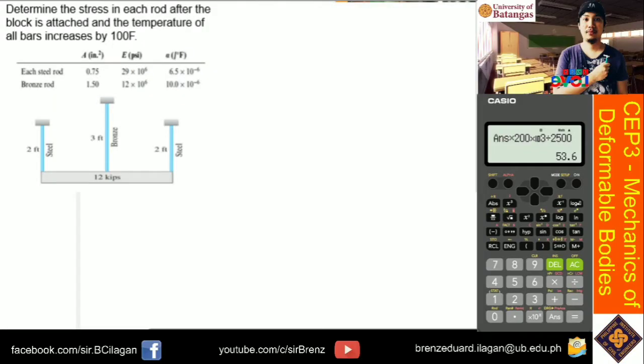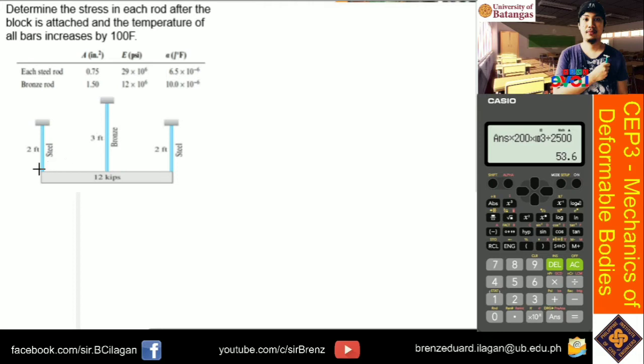Okay guys, so let's proceed with the next problem. So basahin natin. Determine the stress in each rod after the block is attached and the temperature of all bars increased by 100 degrees Fahrenheit. So given here is the table for each material.